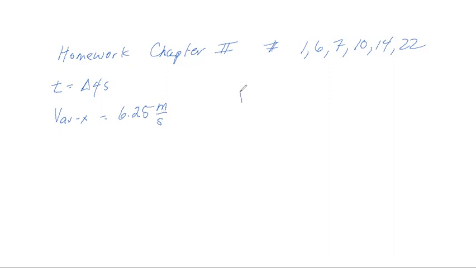Well, we know that v equals delta x over delta t when we're speaking of average or constant velocity. So we want to know delta x, so delta x equals v delta t.